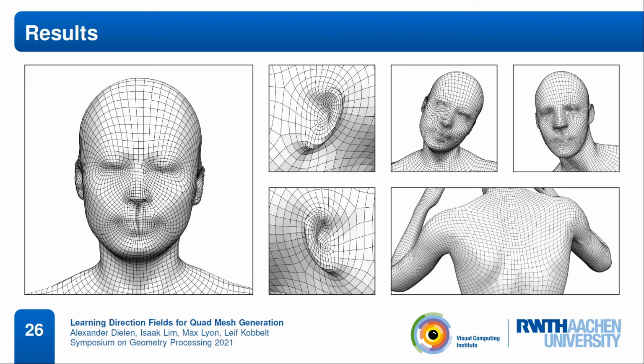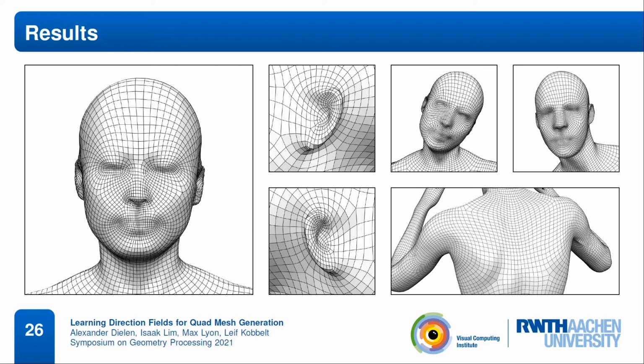In addition, the backs of our models are also clean and symmetrical, as demonstrated by the well-aligned singularities near the shoulder blades. However, looking at the two examples in the top right, we can see that the quality of our meshes decreases slightly under certain deformations, such as head tilts.